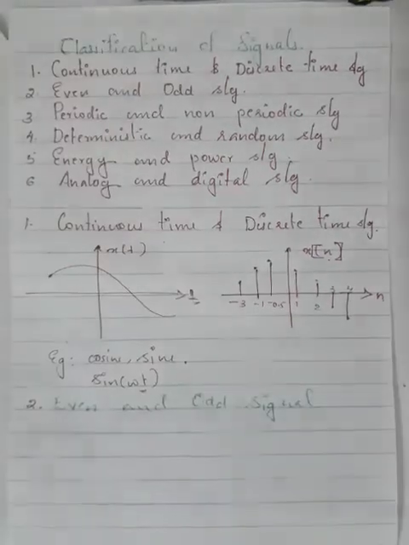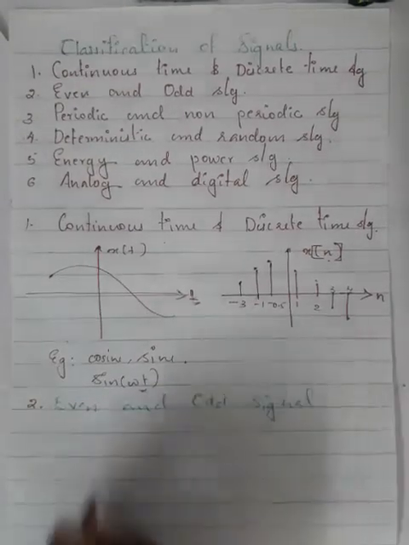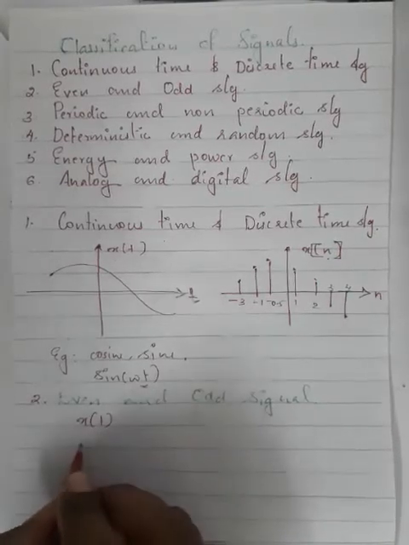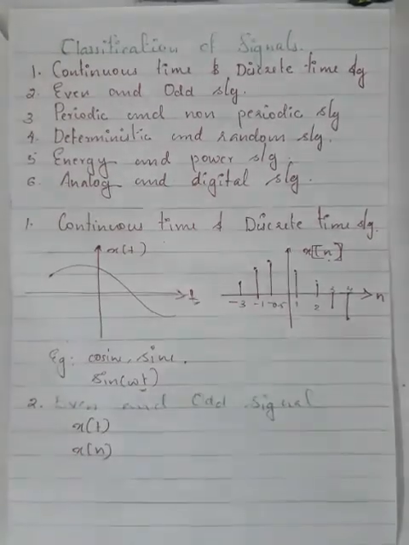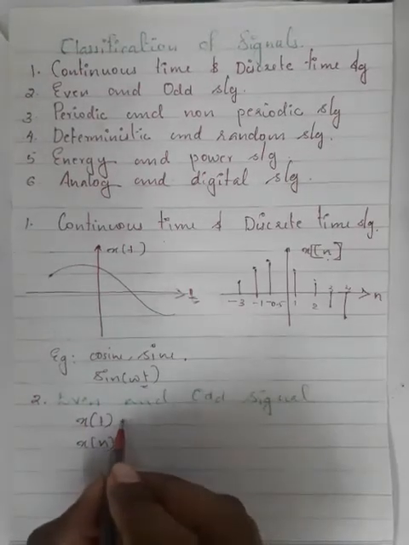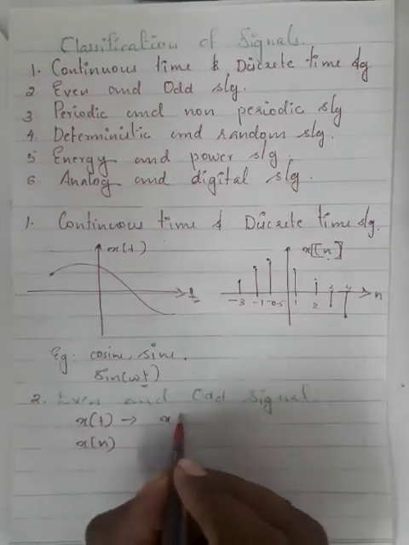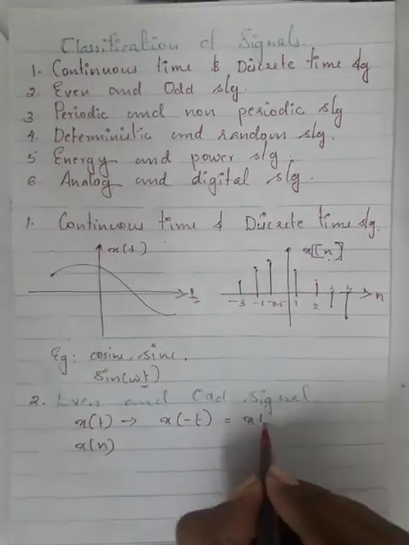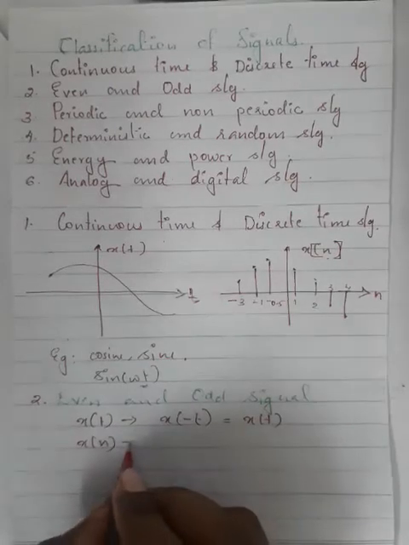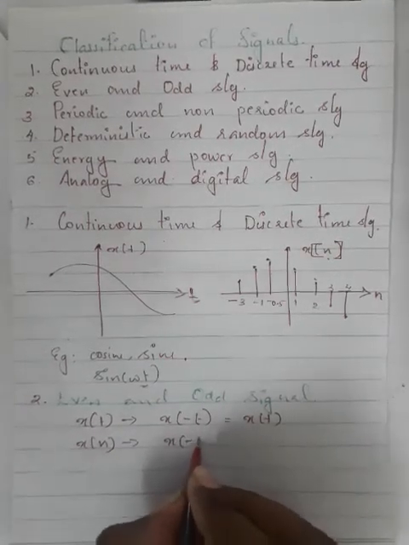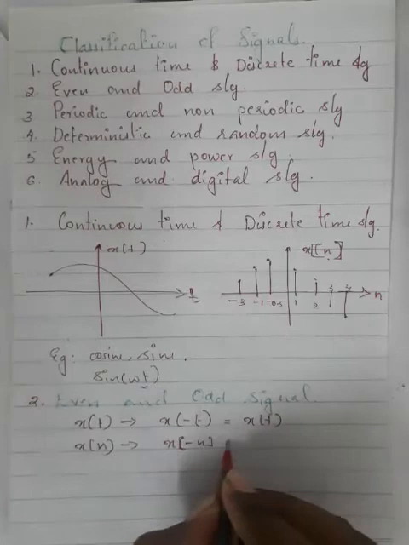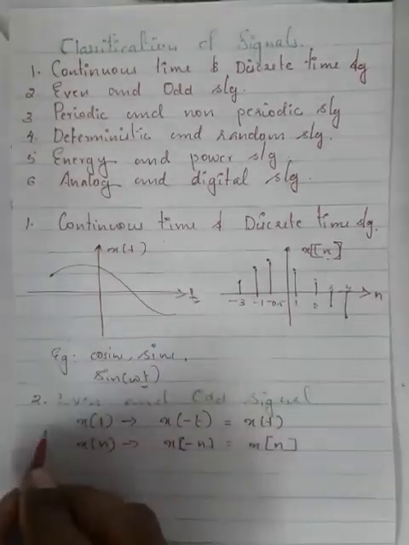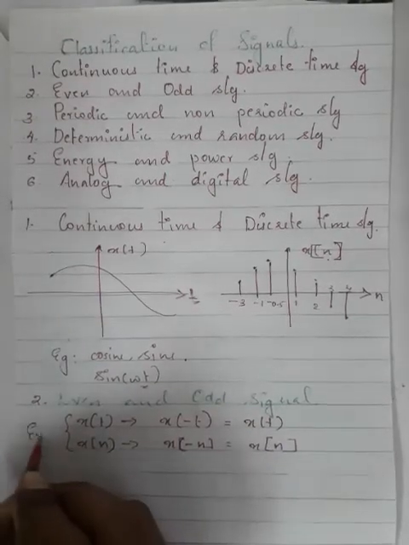Even and odd signal. Normally, we will represent a signal as x of t or x of n. Now, if we find x of minus t and it is equal to x of t, or if we find x of minus n and it is equal to x of n, then we can say that it is an even signal.